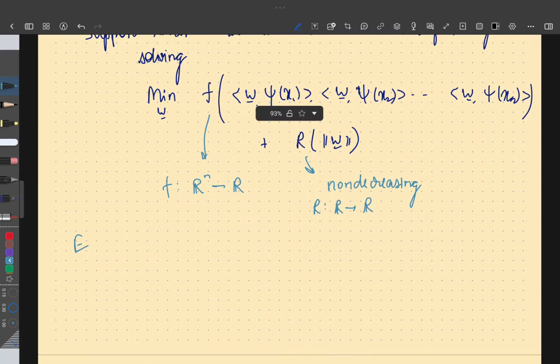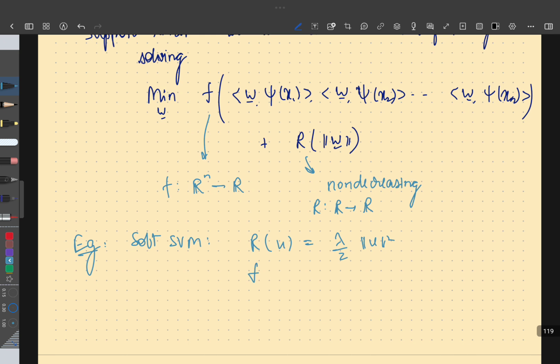Okay, just as a sanity check, for the soft SVM algorithm, what is R of u? Lambda or lambda by 2 times u squared. And what is f?